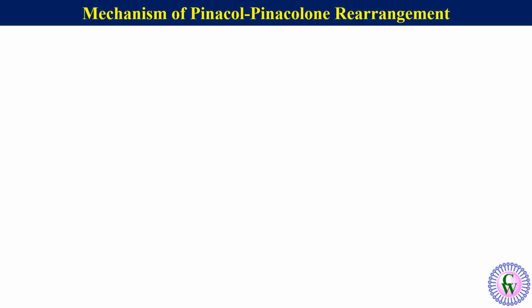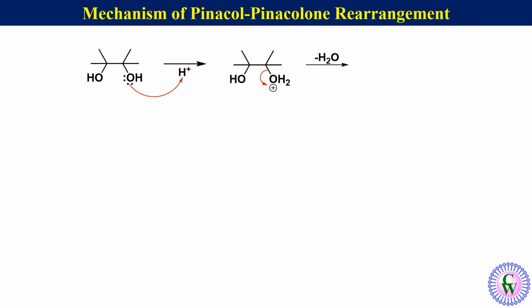Mechanism of Pinacol-Pinacolone rearrangement. Hydroxyl groups of Pinacol act as bases due to the presence of lone pair of electrons on oxygen. In the presence of acid, one of the two hydroxyl groups gets protonated to produce protonated Pinacol, which removes water molecule like this to produce carbocation.